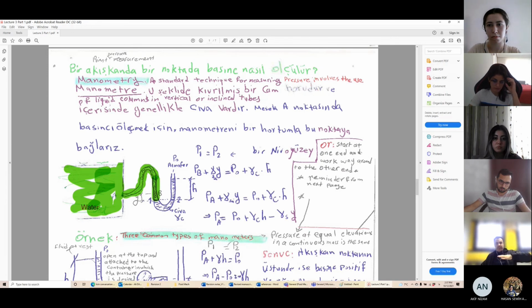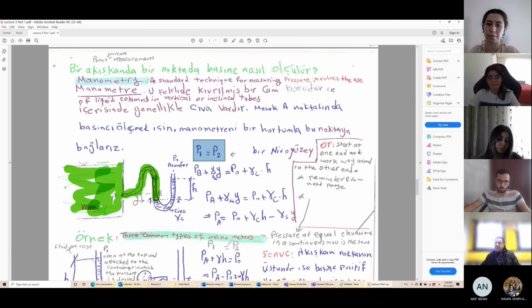Therefore, pressure at the left at point 1 equals pressure at the right at point 2. So I have this equation, P1 equals P2. Is it clear up to here? Because both 1 and 2 are at the same level, pressures are the same.